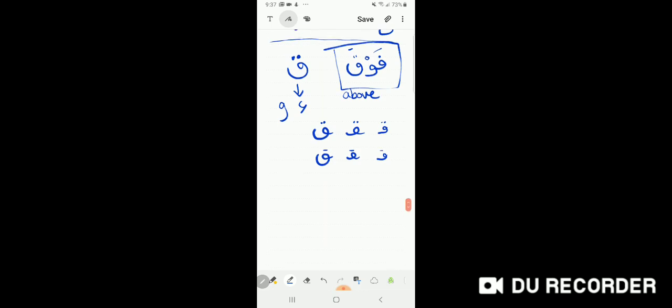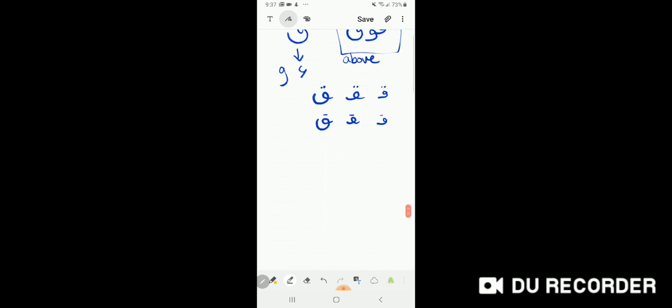So we're going to do a word, waraqa. Waraqa means paper, and it's a feminine word. It's a noun, and it's a feminine word. Remember when we said nouns that are feminine, what's the last letter for those words? Ta marbuta. Wa, ra, qa. We're going to end it with the ta marbuta. Waraqa means paper. Okay.